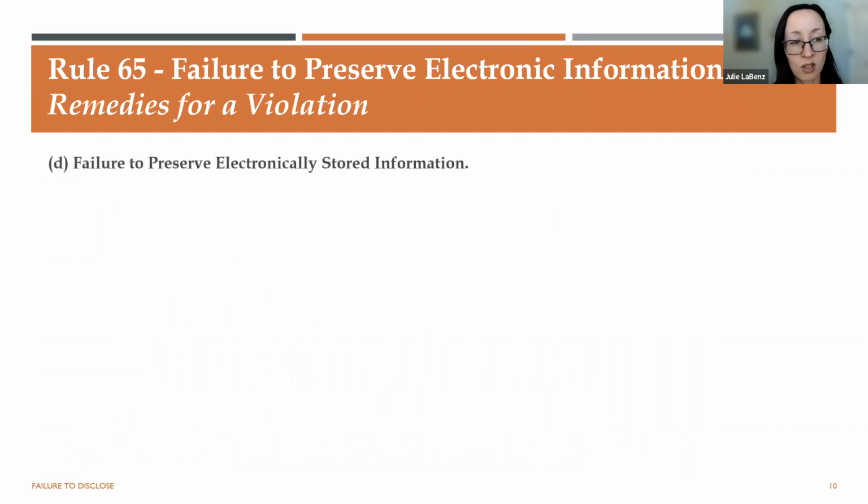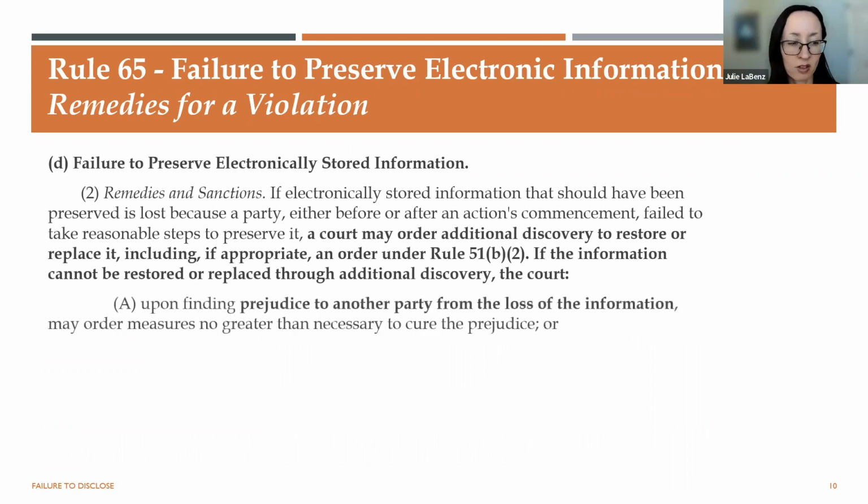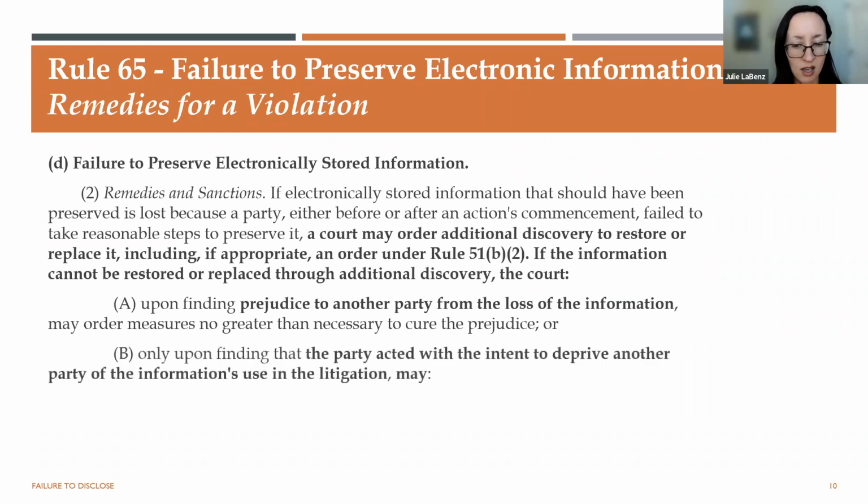Now, if the issue is the failure to preserve electronic information, there are additional remedies for that. The court can order additional discovery to restore or replace the electronic information. However, if the electronic information simply cannot be restored or replaced through additional discovery, then if the court finds prejudice to the other party from the loss of the information, the court can order measures no greater than necessary to cure the prejudice.